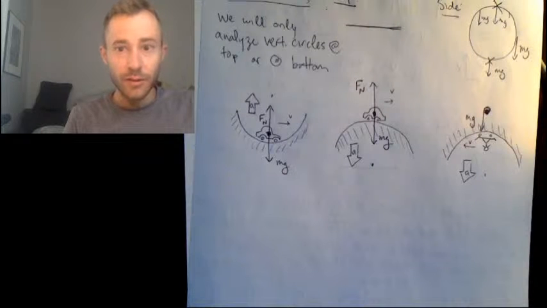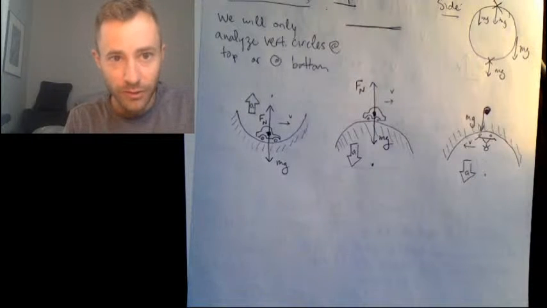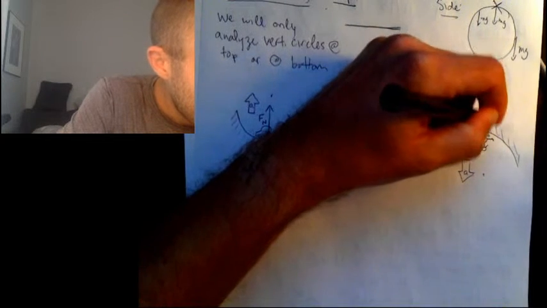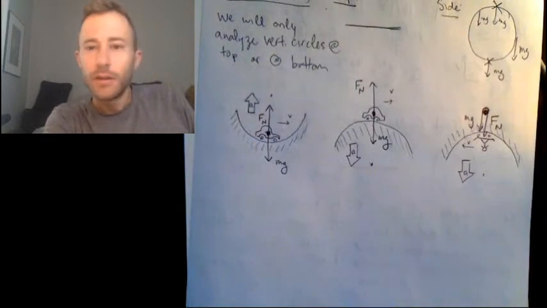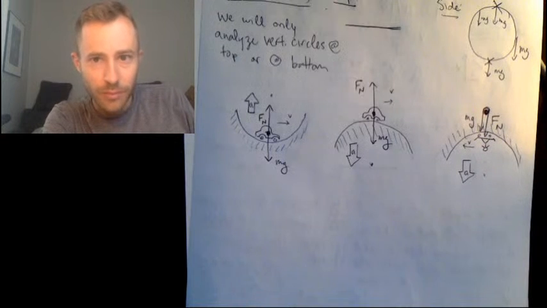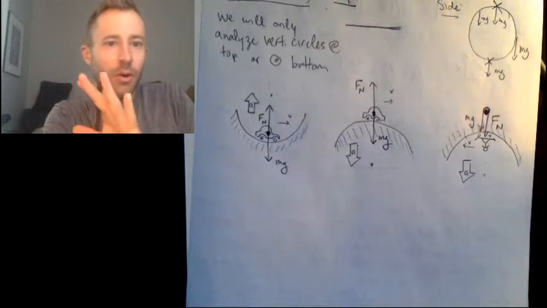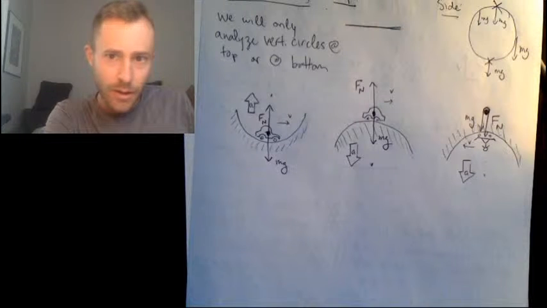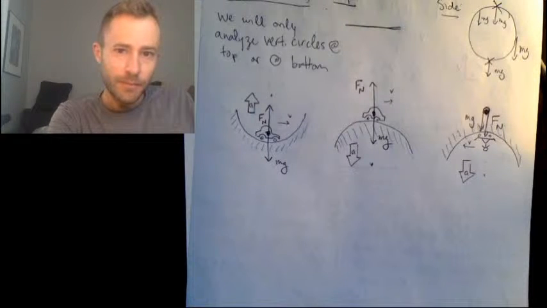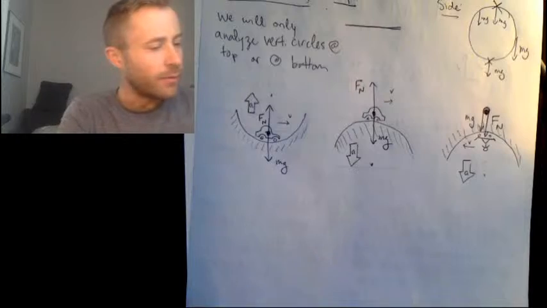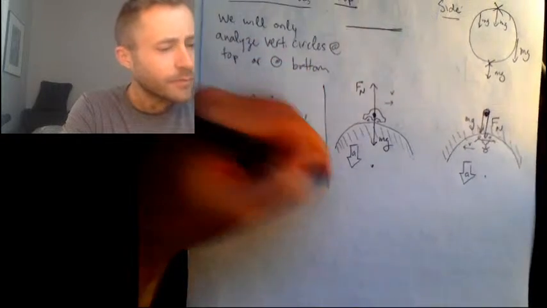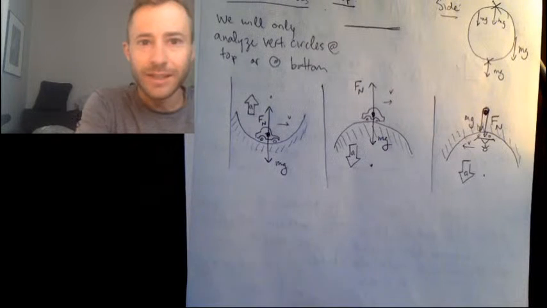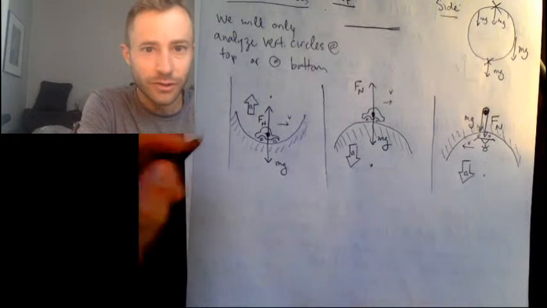So that means that the normal force also points down, because the normal force points away from the surface and perpendicular to it. Okay? So you got to be careful about that. So these problems are all about getting the right sign for each of these terms.